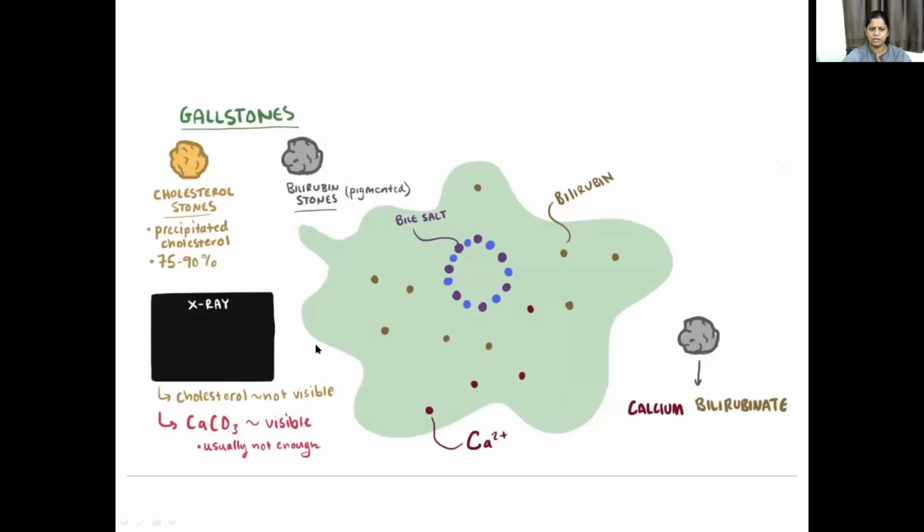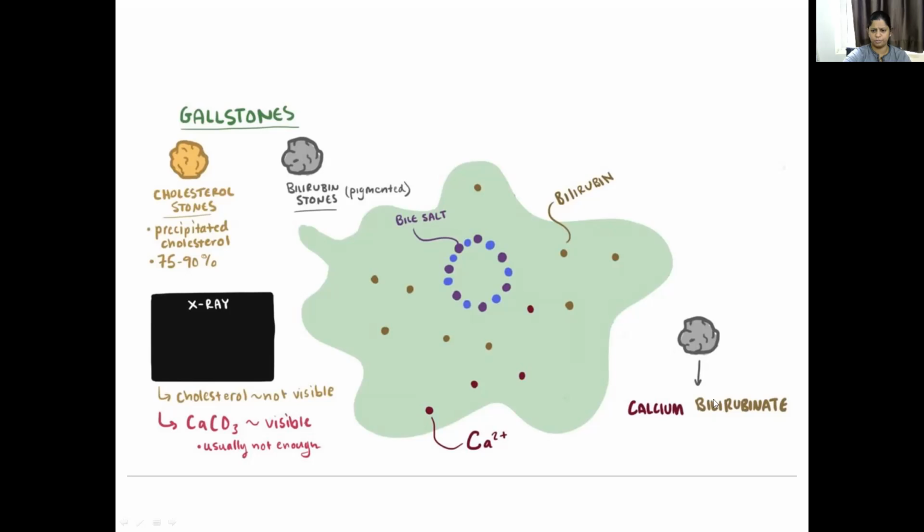See, this is the bile. These are the bile salts, this is the bilirubin, and these are the calcium. They are normally present in the bile. Pigmented stones are formed from bile salts and bile pigments. Cholesterol stones form when there is excessive cholesterol, which then precipitates.